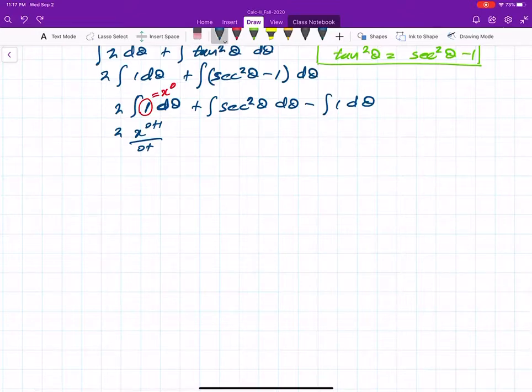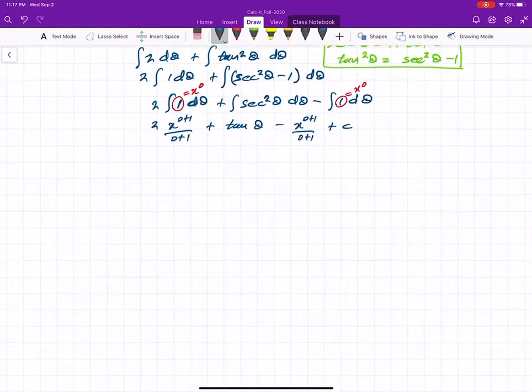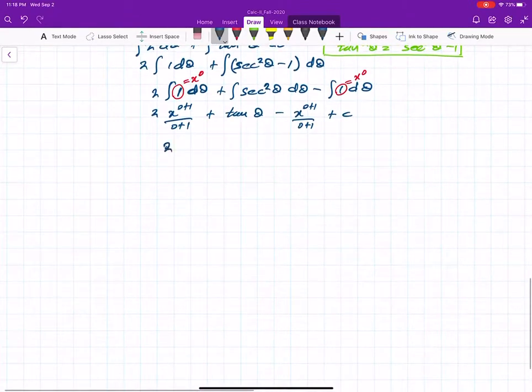So this should be tan theta minus, again 1 is x to the power 0, so you write x to the power 0 plus 1, and you put one constant for all the constants.